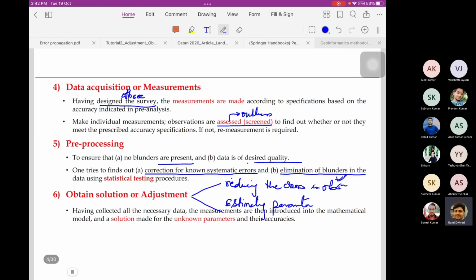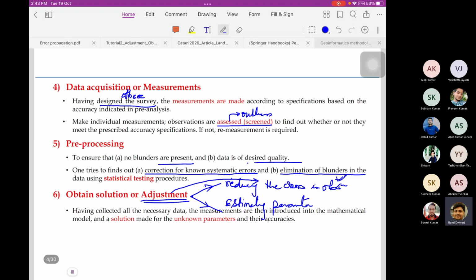So this adjustment part is something where you are doing both, and this adjustment is primarily referring to this part, that means adjusting the observables. So that's why this name adjustment is coming here.